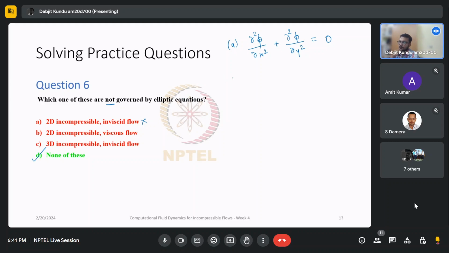For option C, this is very similar. Instead of 2D, we have a 3D inviscid flow. So we just add another term with respect to Z, and that becomes our 3D incompressible and inviscid flow equation. Now, option B, the viscous case.